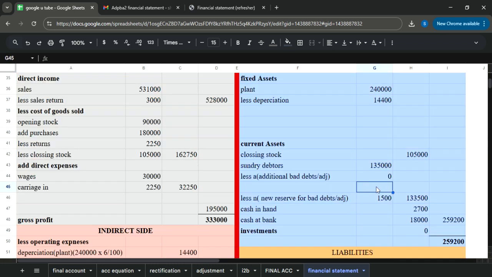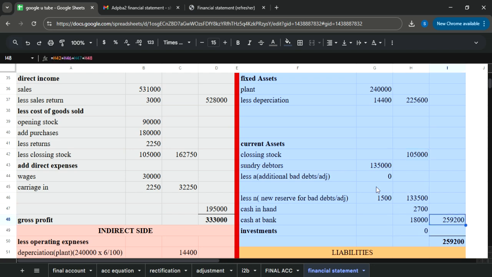Now we will come to our asset side. First, this was your plant, and you need to subtract its depreciation. Fixed assets completed. After that, we need to take sum of our current assets. These are your fixed assets, and these are your current assets.